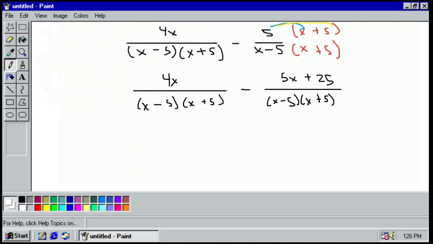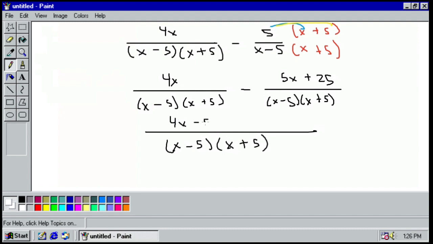Now we can combine them. Since we have the same denominator now, we can combine them. We can have 4x minus 5x plus 25. Now we'll have this.